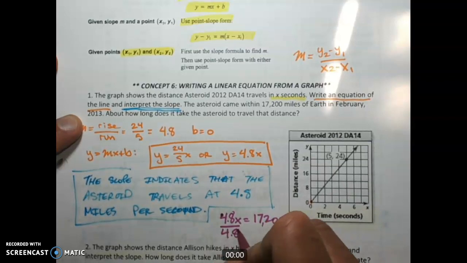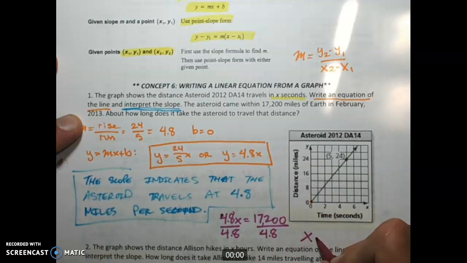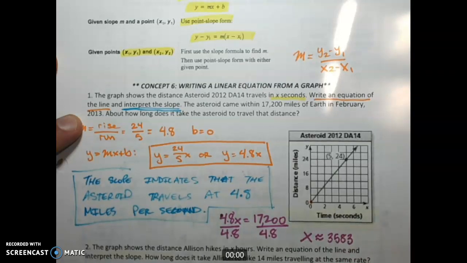Divide by 4.8 through both sides to solve for x. And x is approximately 3,483. And that is seconds.